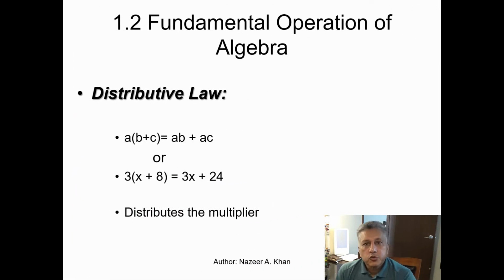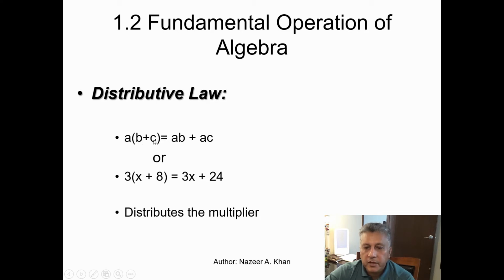Now the distributive law, which is more commonly used in algebra. We have the A on the outside of the grouping bracket, and it's going to be distributed to each one of the terms on the inside. A times B gives you the first term, and then A times C gives you the second term.